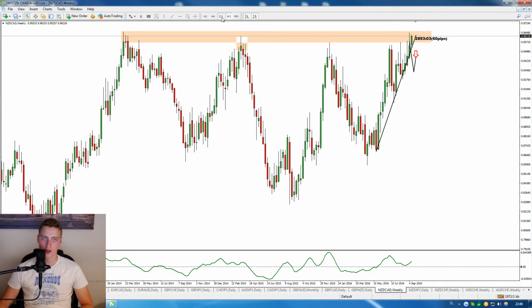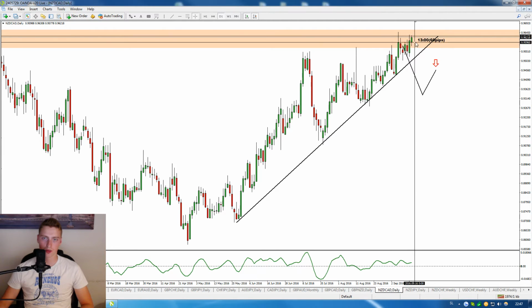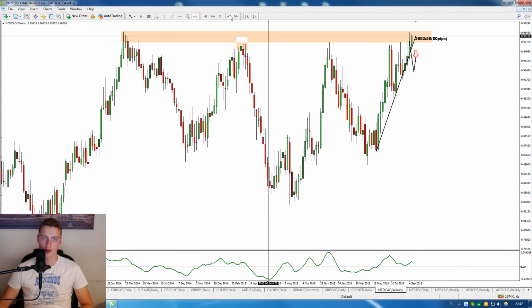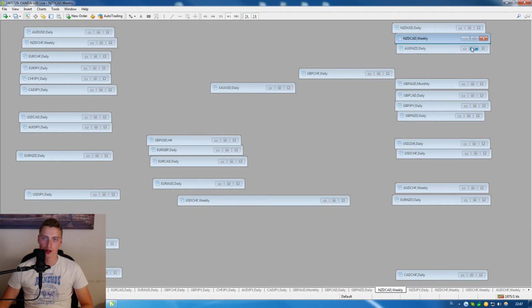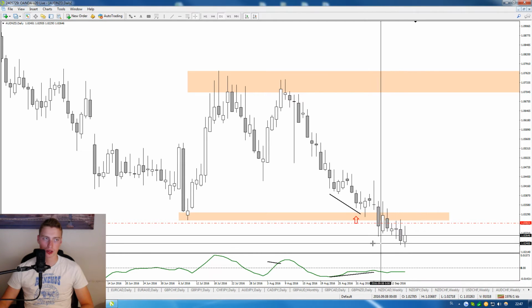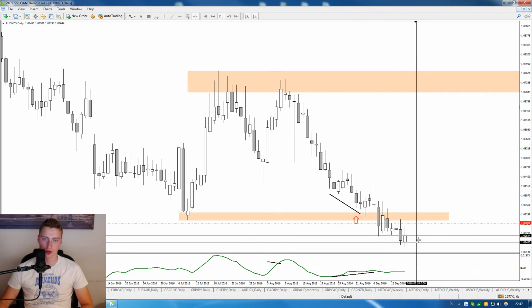New Zealand CAD, a lot of bullishness. I don't know why. I mean, it looks like this resistance will be broken. I was actually also looking for Aussie New Zealand for some sort of a bullish move.